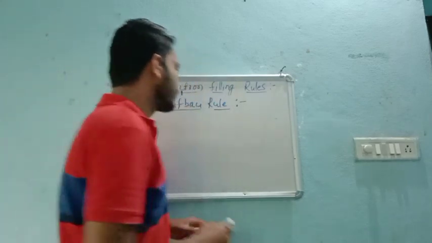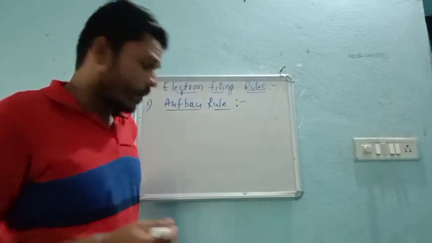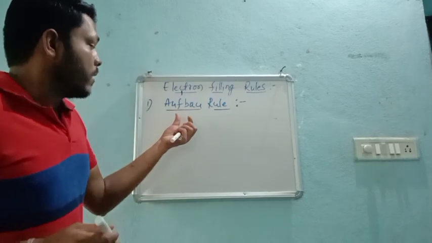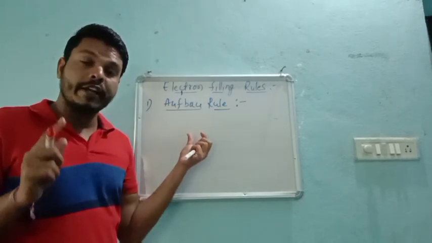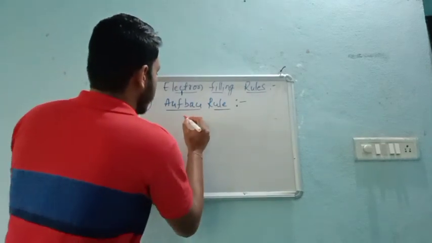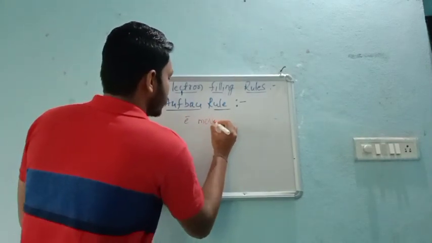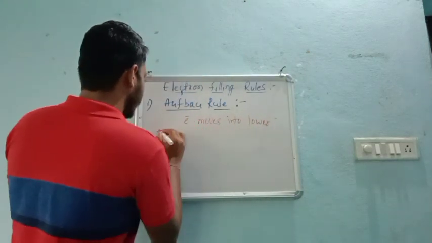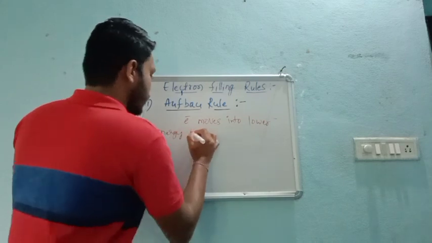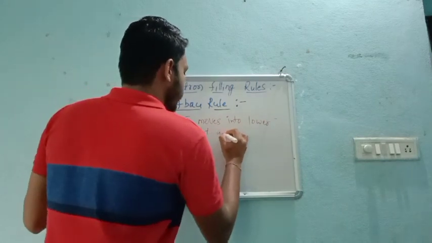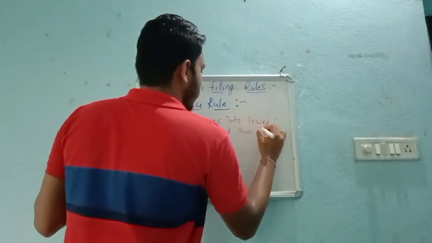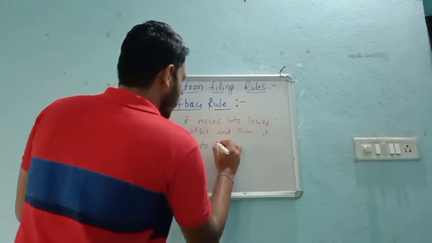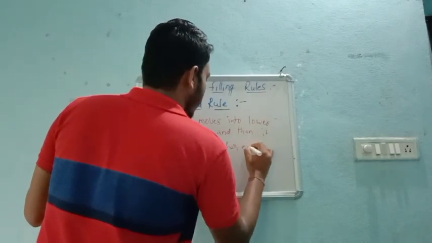This rule states that the electron moves first into the lower energy orbital, very important, and then it moves into the higher energy orbital.